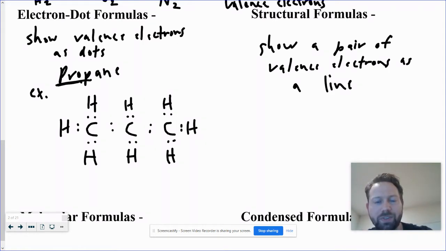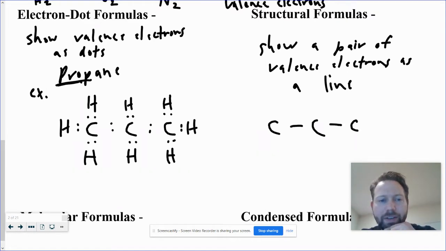So whereas you see over here with the carbon you have dots, we're going to redraw this. So carbons are now going to have a line, and these lines again represent the pair of electrons being shared.